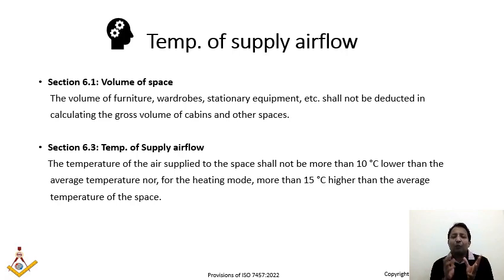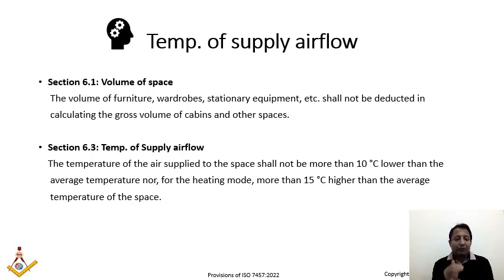And when we calculate the volume of the room, there is always an argument: should we deduct the volume of the chair, the furniture, the bed, and arrive at the airflow? No, it cannot be done. It is strictly mentioned in section 6.1 that you cannot deduct the volume of these stationary items. So you need to consider the volume of a room as if it's an empty room.